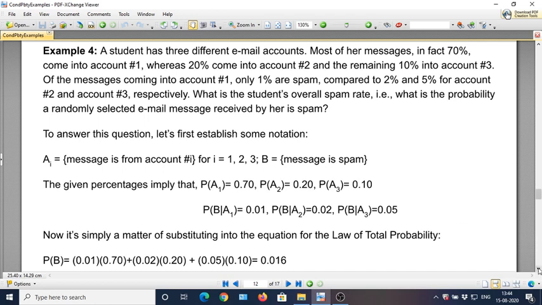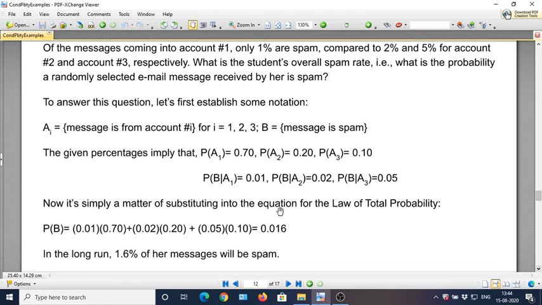So the probability that an arbitrary message is a spam can be written as P(B) = P(B given A1) × P(A1) and so on, which can be found to be like this.